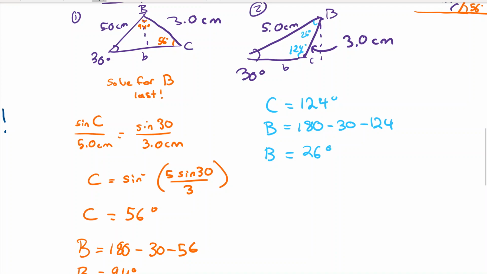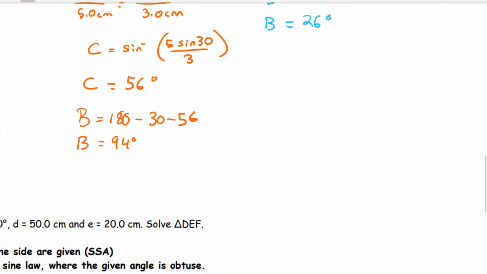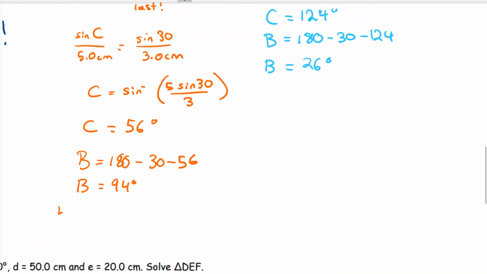Now all that's left is to find the last side B. If I'm solving it in my first triangle, side B divided by the sine of 94 is going to equal 3 centimeters divided by the sine of 30. So B is equal to 3 times sine of 94 divided by sine of 30.